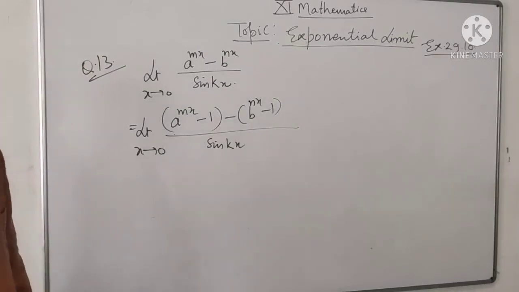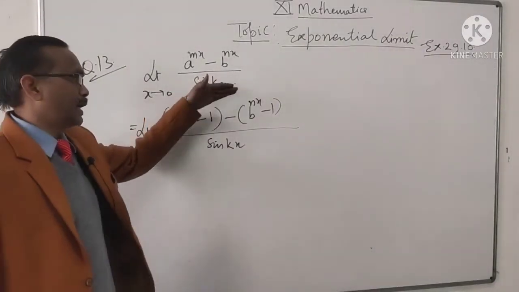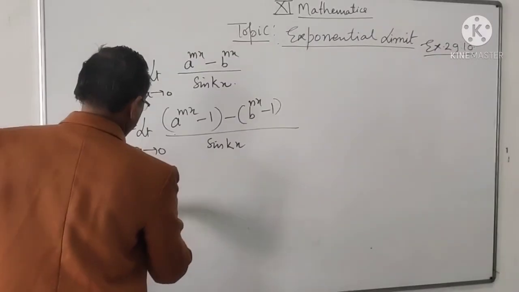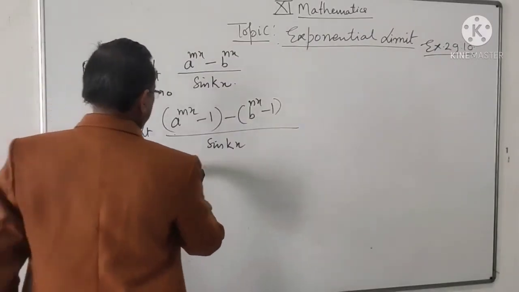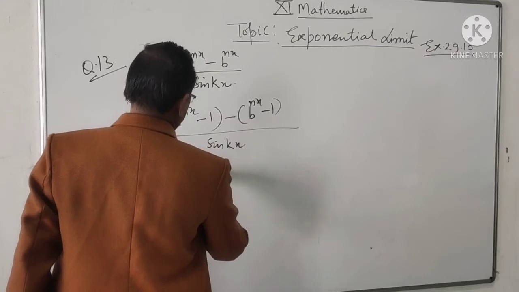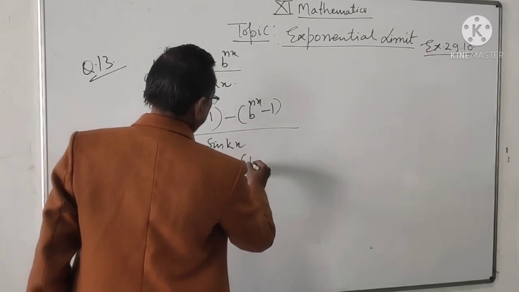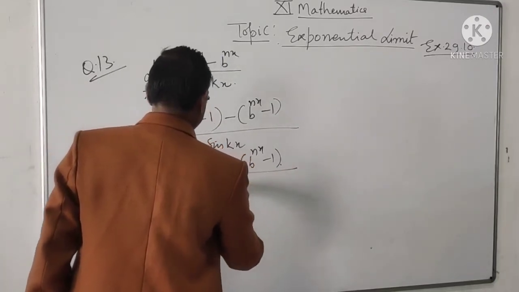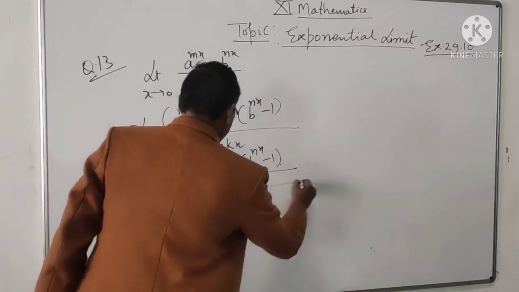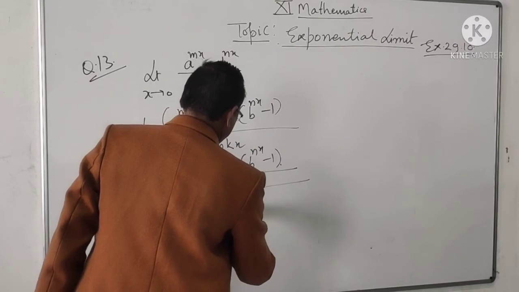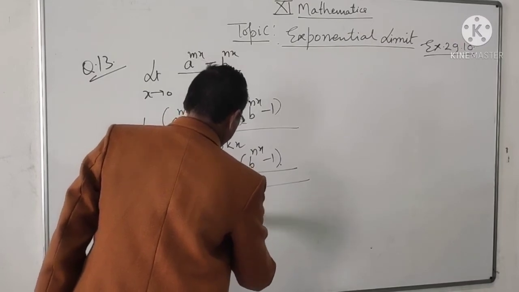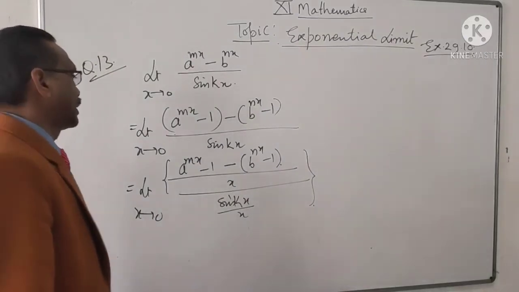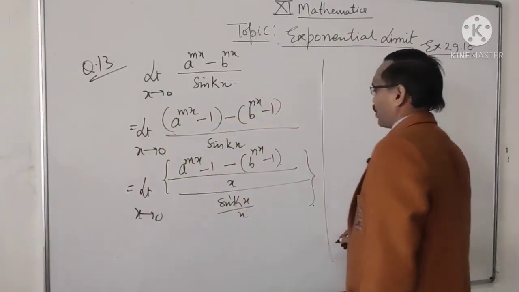Now you need x. So divide numerator and denominator by x. So then it is limit x tends to 0, (a power mx minus 1 minus b power nx minus 1) whole divided by x, then it is sin of kx upon x. Then adjust the constant also.